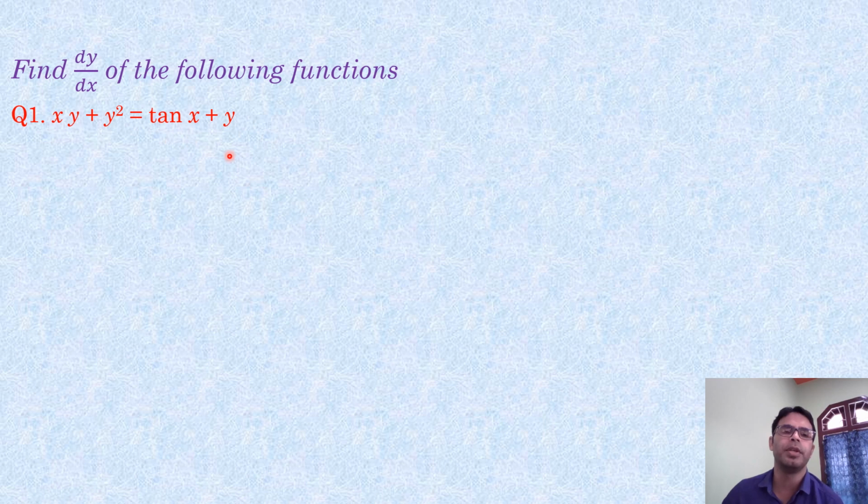So this is an implicit function because you cannot separate x and y. That means you cannot express this total function either as y equal to an expression in x, or x equal to an expression in y.